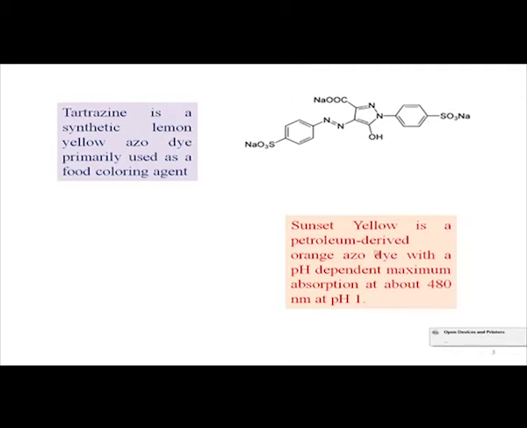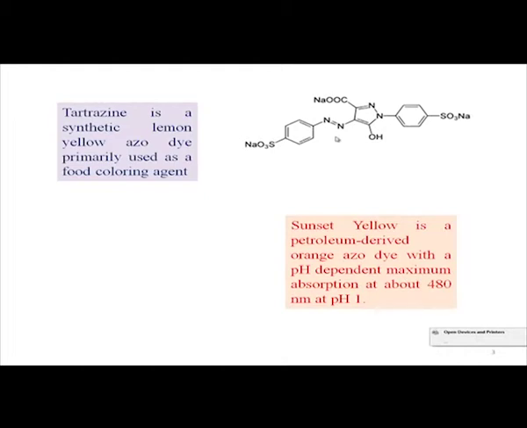The only thing is that at a very high pH value, there are certain positions, like these nitrogens having lone pairs of electrons, and those sites can be protonated. So, the protonation can be there on those nitrogens, similar to your sunset yellow, where you still have a naphthol unit.